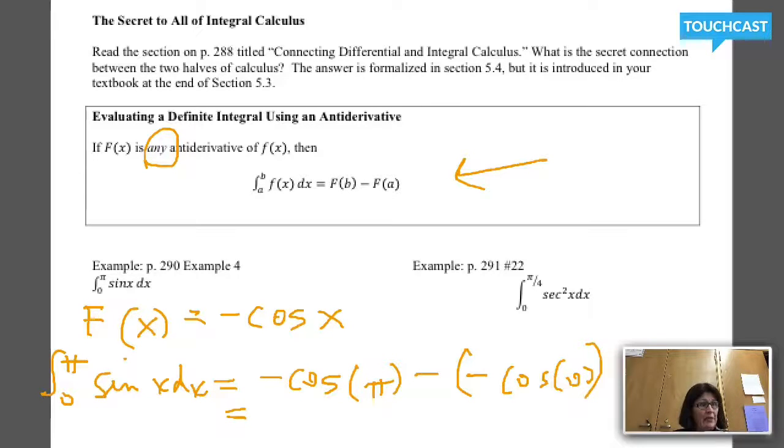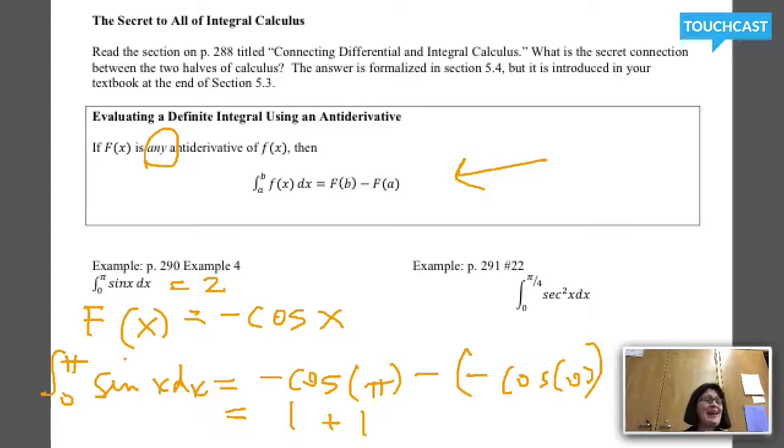So all I have to do is evaluate this. On the free response section, feel free to leave this unsimplified. But cosine of pi is negative 1, so negative cosine of pi is negative negative 1, which is 1. I have a minus a negative, so I'm going to add. Cosine of 0 is 1, and the integral from 0 to pi of sine x dx equals 2.